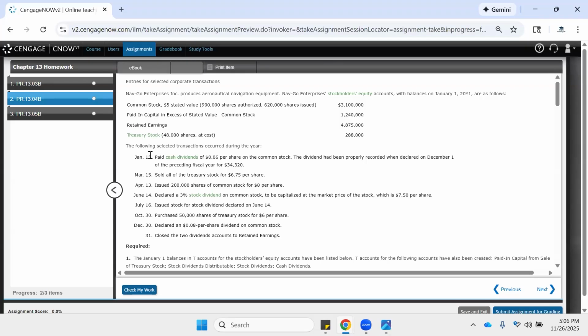The first transaction that we have is on January 15th. The company pays cash dividends of 6 cents per share on the common stock. The dividend was properly recorded when declared on December 1st of the preceding fiscal year for $34,320.